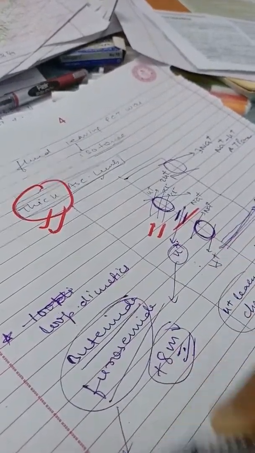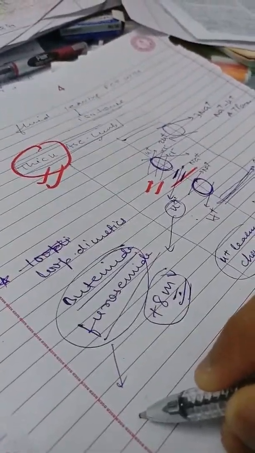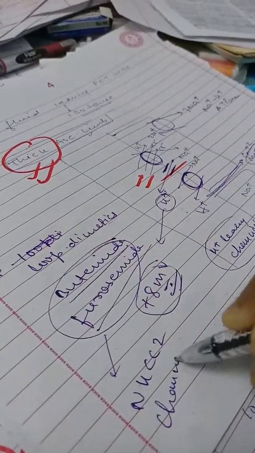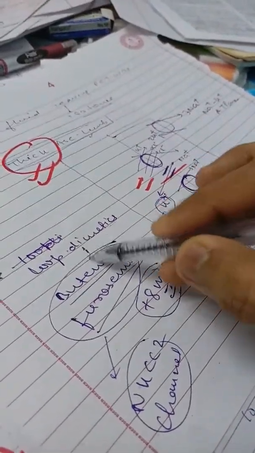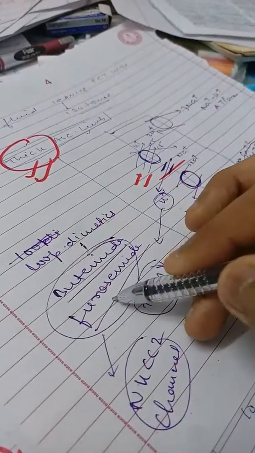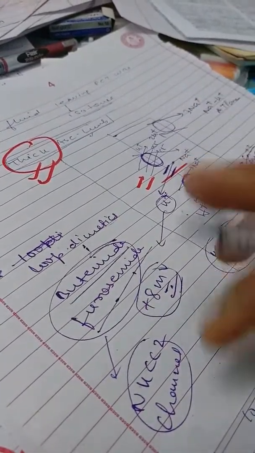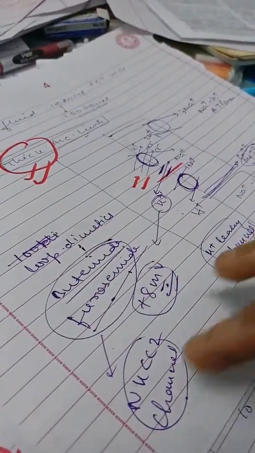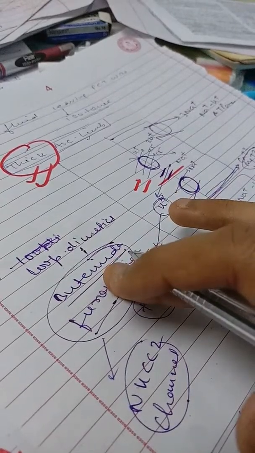These two loop diuretics generally target this NKCC2 channel. NKCC2 gets blocked by these two.